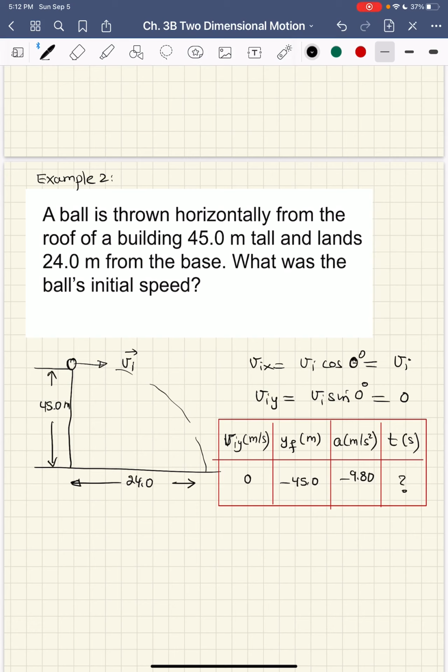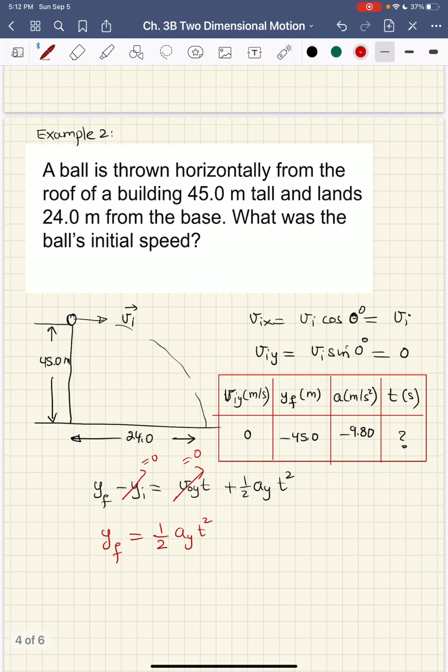Now what I can do is, again, y final minus y initial equals v0y t plus 1/2 ay t squared. Again, this is 0, and this is 0 as well. Y final is going to be 1/2 ay t squared. Y final is negative 45 meters, and this is negative 9.8, and this is t squared.